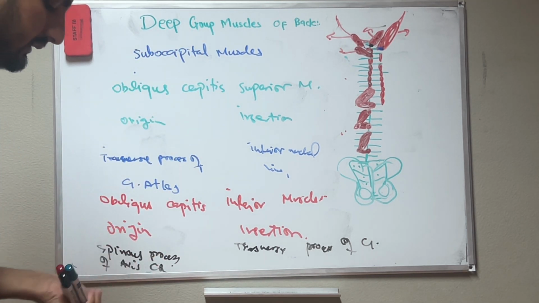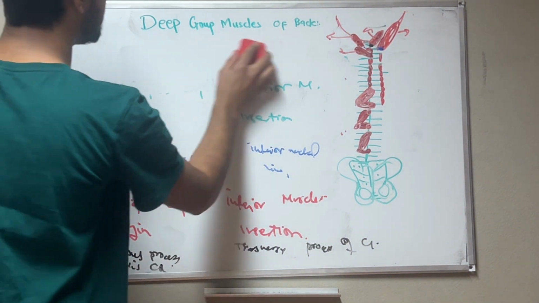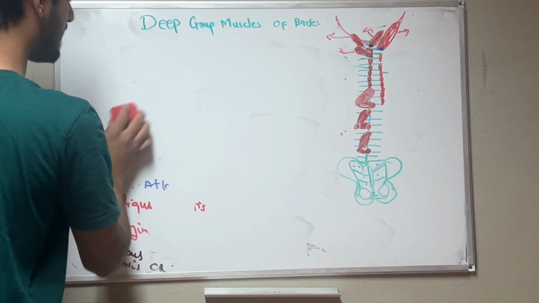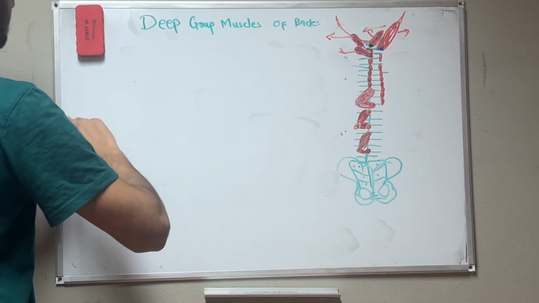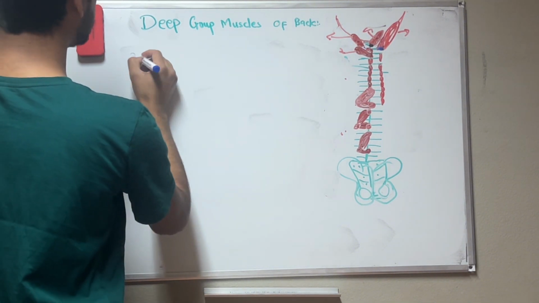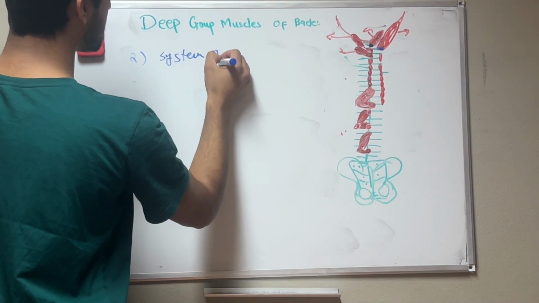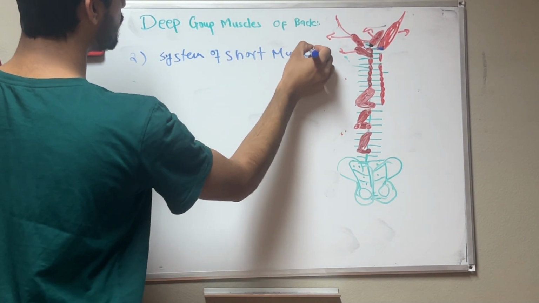Now for the third layer, we have other muscles. The second group, we have the system of short muscles, okay. Which has two muscles.